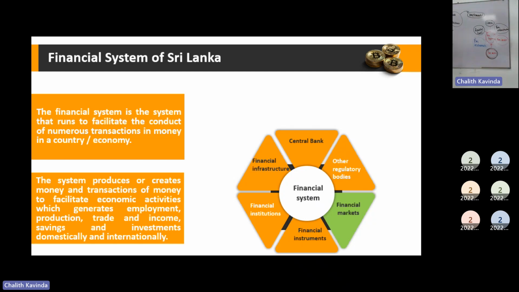This is the system which facilitates others to make their decisions and to execute their decisions easily in an economy. So that is what it says: the financial system is a system that runs to facilitate the conduct of numerous transactions in money in a country, economy.